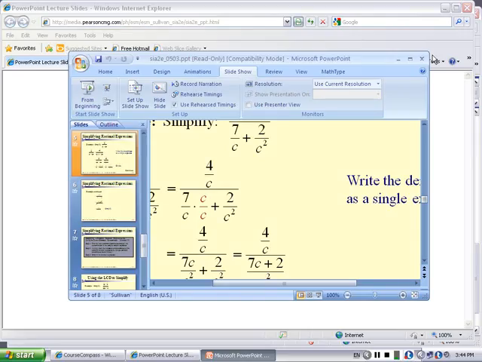One piece of paper for each person. It's going to be from the textbook. Do number 40. I will write that on the board.